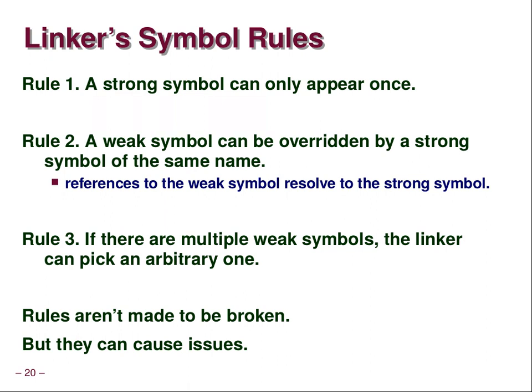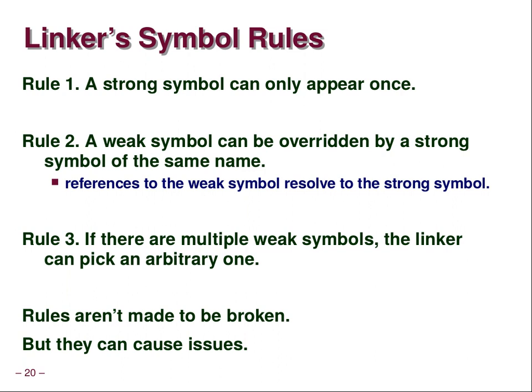A strong symbol can only appear once inside the linker, because once it's been initialized or it's a procedure, you're basically saying in the global space that you are always using this symbol. If somebody does put it somewhere else, you'll throw an error, like a redefinition error, which is usually what C will throw.